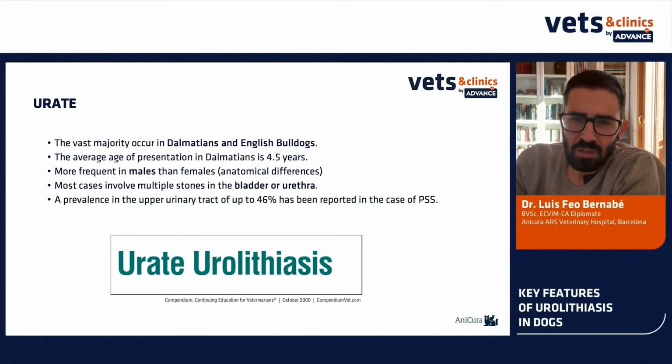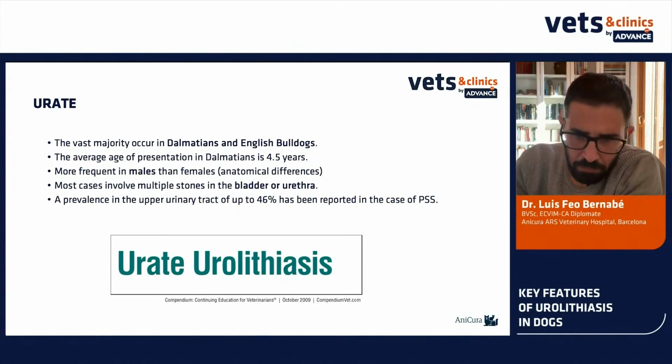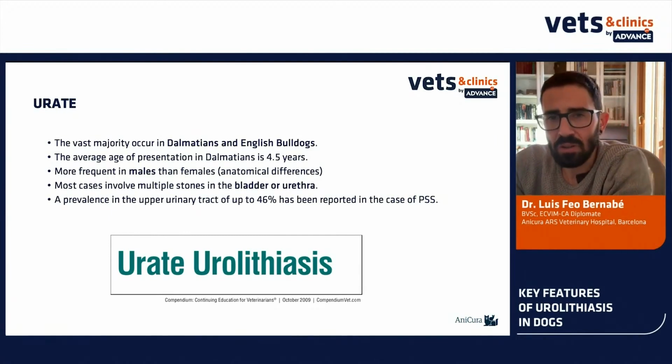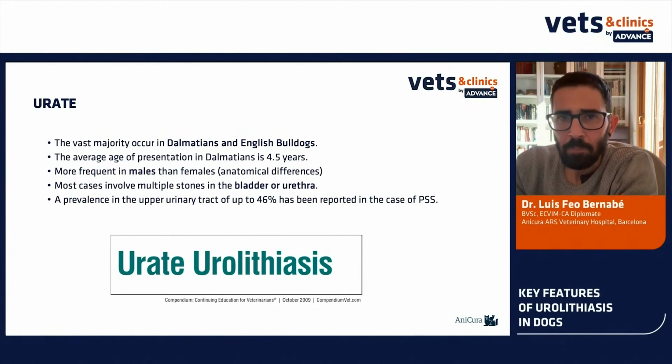So, as already mentioned, these are the two most frequently affected breeds with this genetic problem. They tend to present with an average age of around 4.5 years. They are adult males most of the time, much more than females, probably due to the anatomical difference, but probably there are other factors. Most of the cases involve multiple stones in the bladder or urethra. This is the most frequent location.